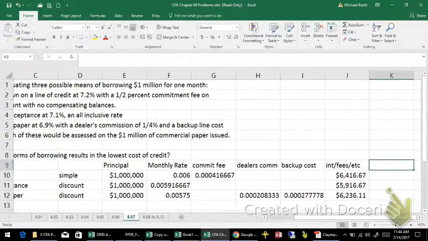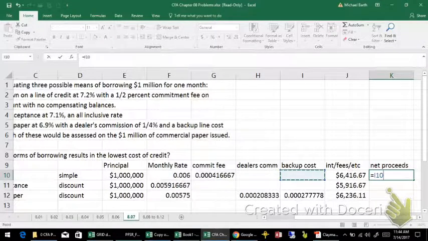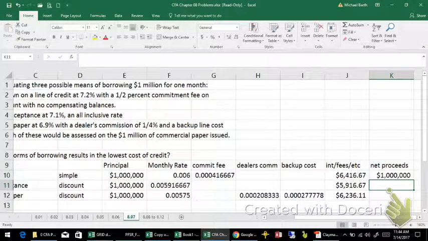Now, the net proceeds. I will get the $1 million here, but I will not get the full face amount of the million because they subtract the interest from it.